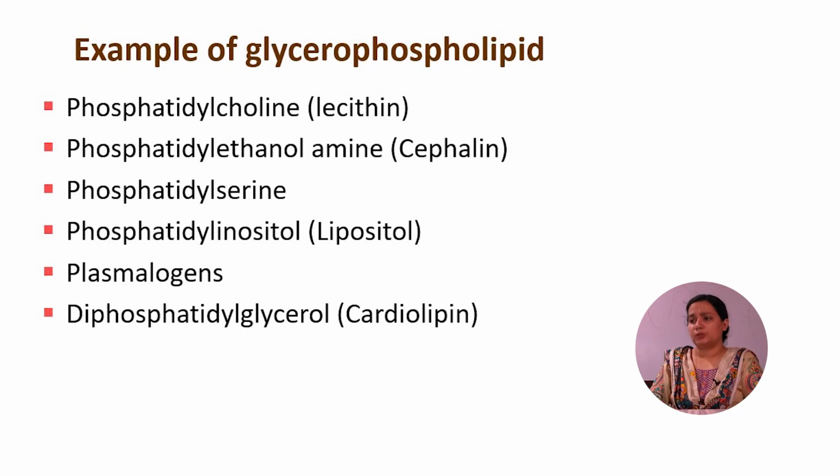Examples of glycerophospholipids are lecithin, whose chemical name is phosphatidylcholine; kephalin, which is phosphatidylethanolamine; phosphatidylserine; lipositol, which is known as phosphatidylinositol; plasmalogens; and cardiolipin, which is known as diphosphatidylglycerol.